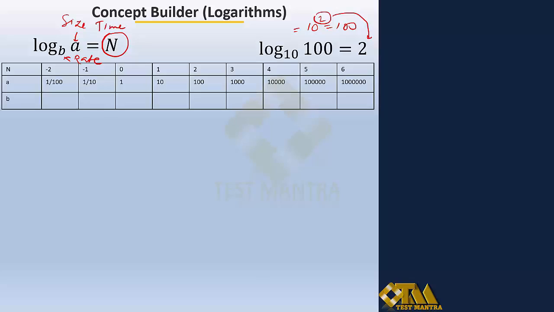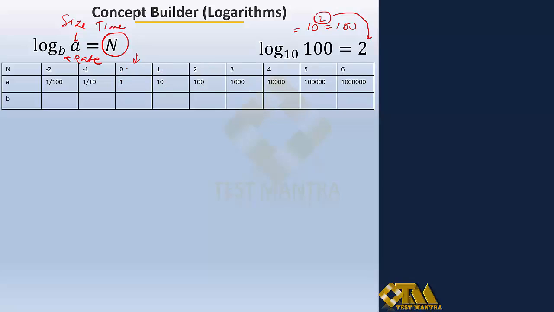So I'll take log to the base 10, right? And here I'll consider a, let's start at 0. The value of a is nothing but 1. When it's 1, it's 10, 100, 1000, and this process continues.